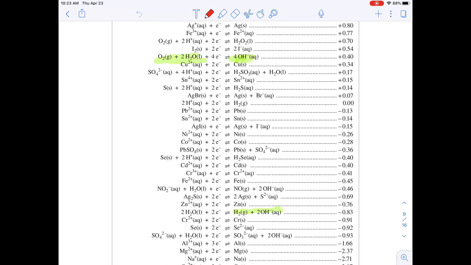The challenge in this question is, do you recognize that this chromium-2 is the one we're talking about and not this chromium-2? Because the chromium-2 on this side is LEO, RA. So it needs to be chemicals that are up here that are going to react with the chromium-2.